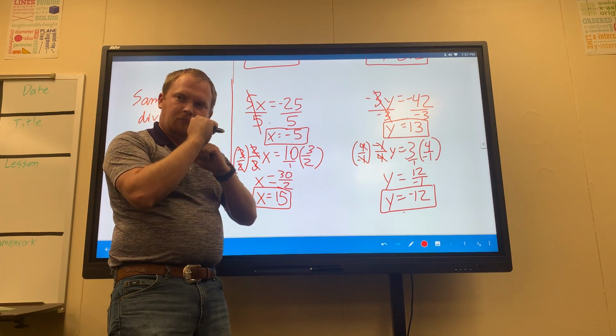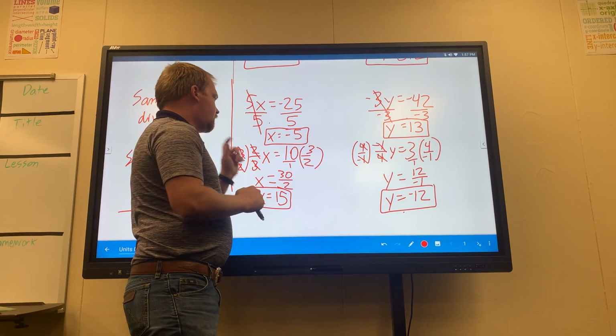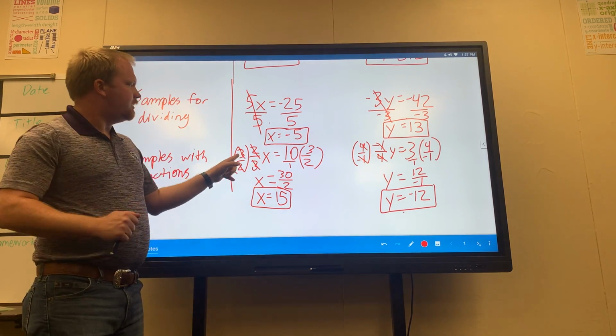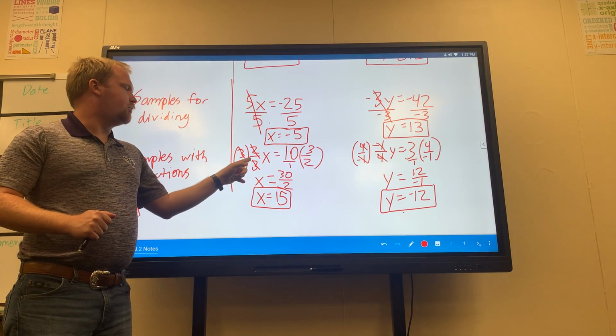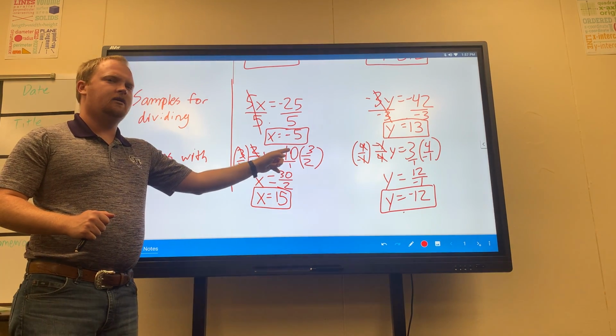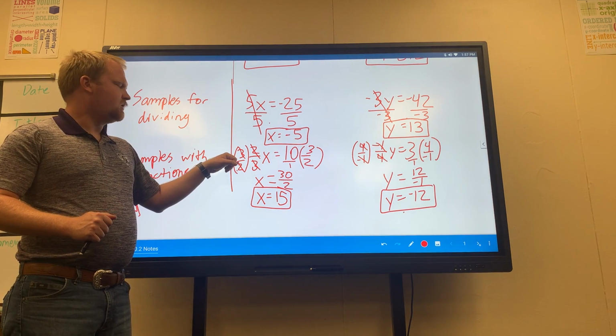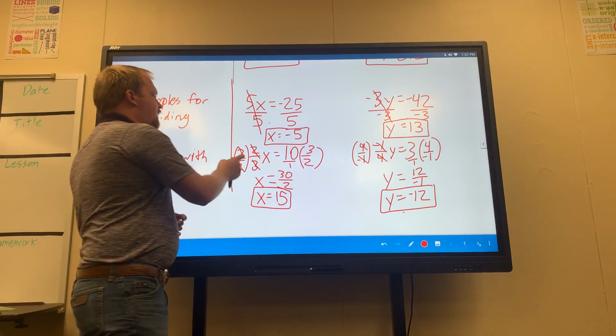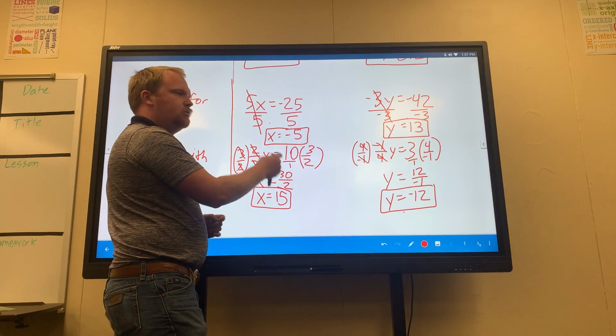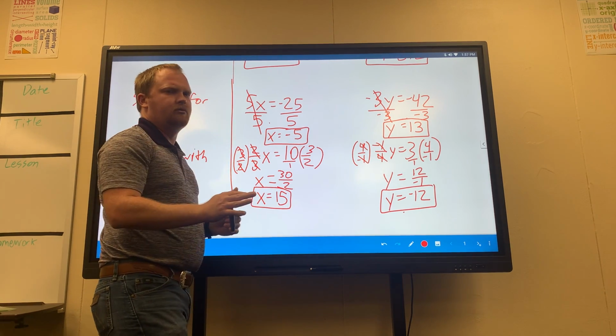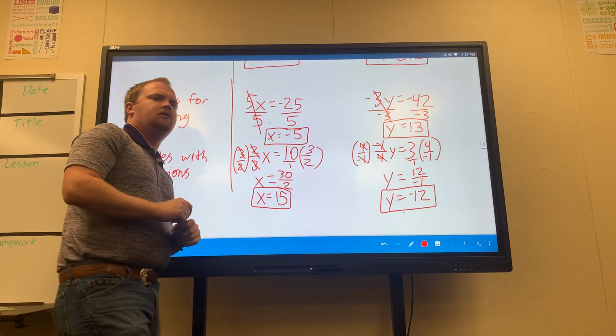But again, I'm still multiplying. Because in this problem right here, 2/3 times x equals 10, the reciprocal is 3/2. Which means I'm multiplying both sides by 3/2, not 2/3, or any other number.